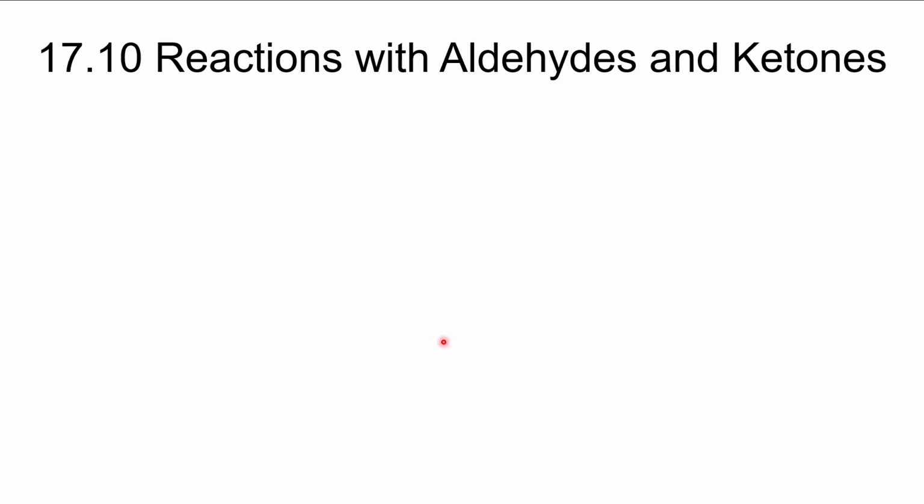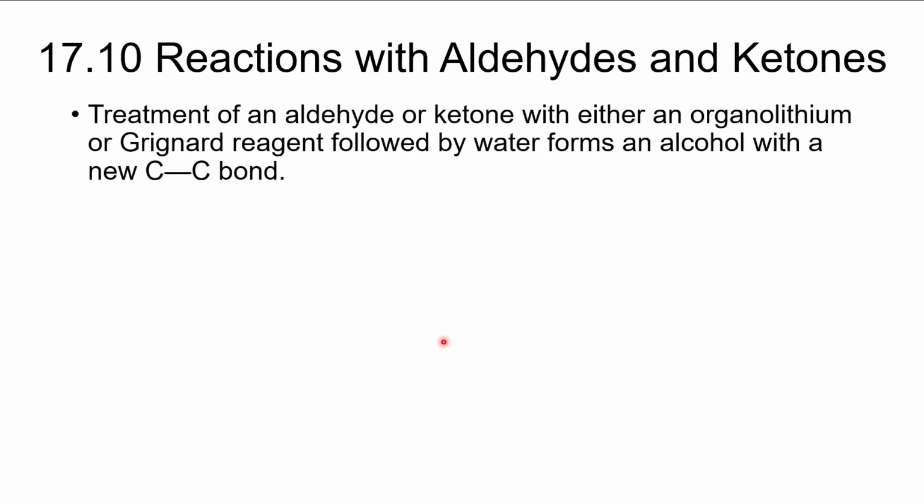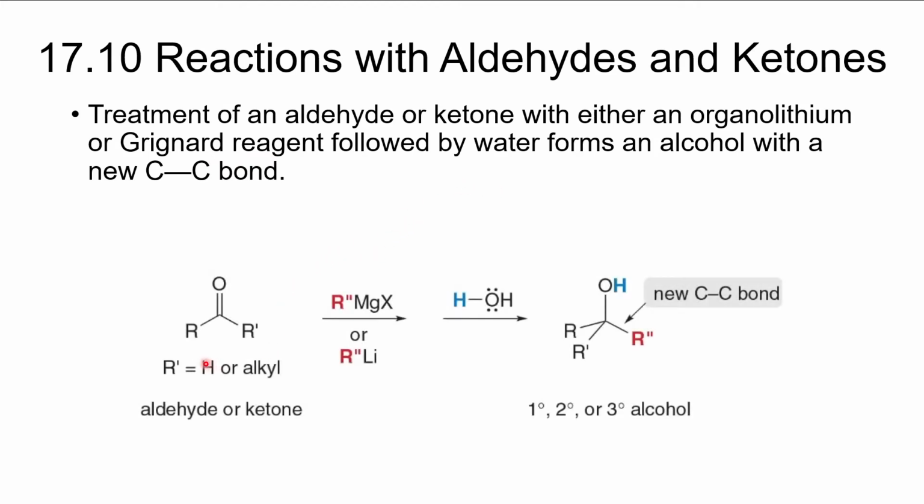So let's start with reactions between these organometallic reagents and aldehydes or ketones. If we treat an aldehyde or ketone with either the organolithium reagent or the Grignard reagent, and then follow it up with water, we can form a new carbon-carbon bond, and we'll also get an alcohol.